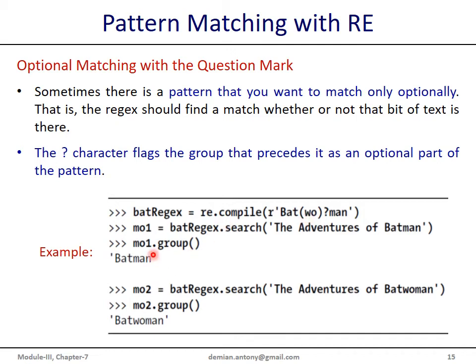With this we can match Batman, because WO is absent, 0 occurrence, and here WO is present, 1 occurrence of WO, and you can see the regular expression even recognizes Batwoman.